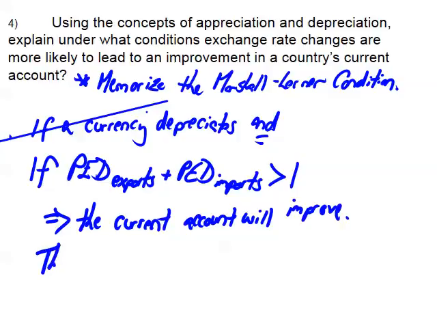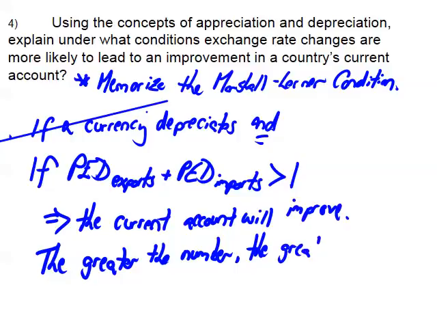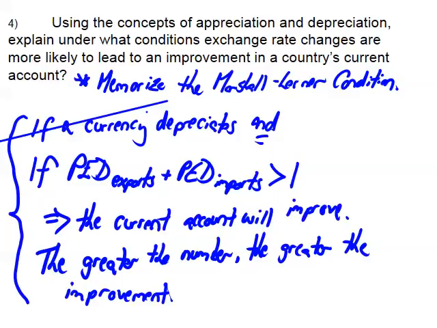And the greater the number, the greater the improvement. So if you memorize this one condition, you'll be able to figure out by using logic what would happen in the other situations.